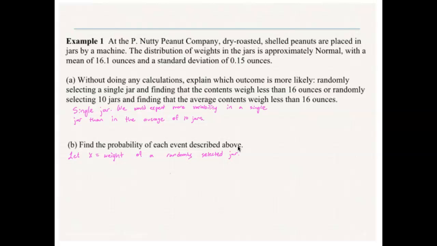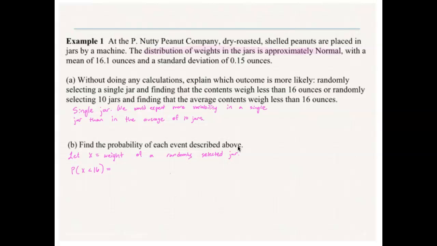So for the first event, the probability that a single jar is less than 16 ounces, well, they tell us that the parent distribution, the distribution in the weight of jars, is approximately normal. So right away, we're allowed to say the parent population is approximately normal, so we can make normal calculations with this.